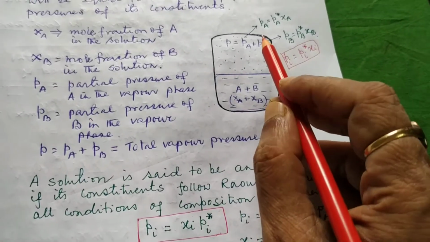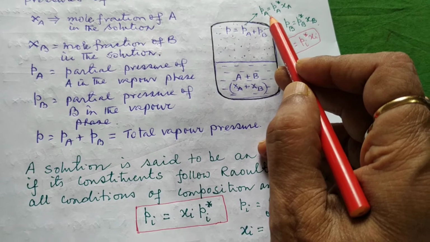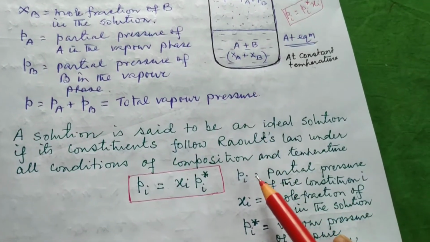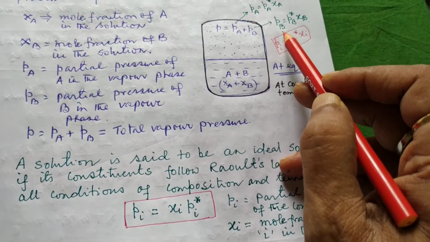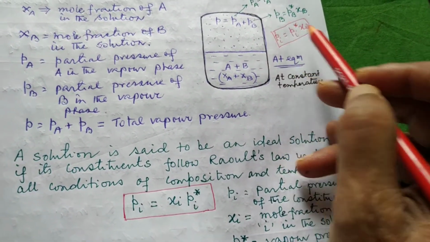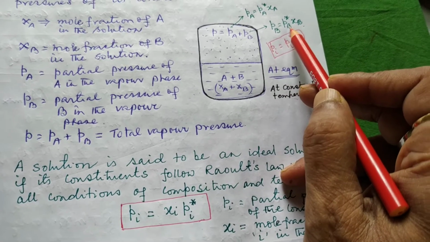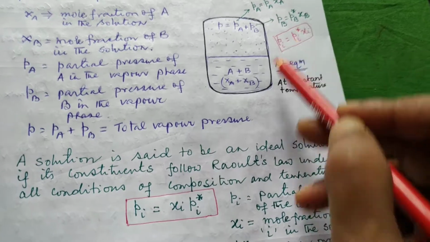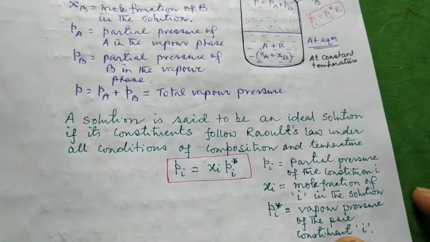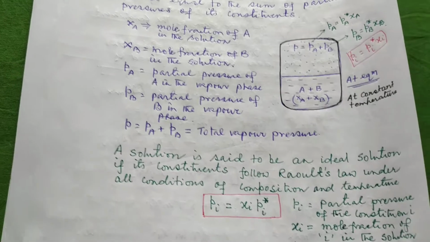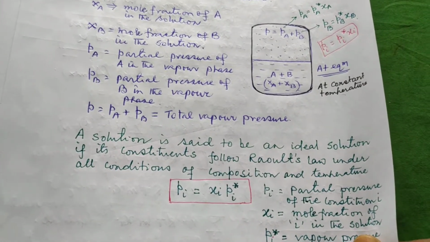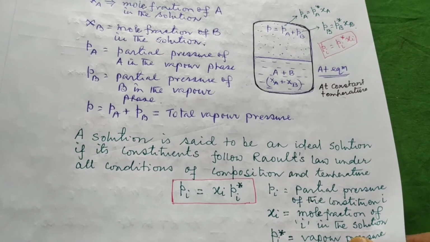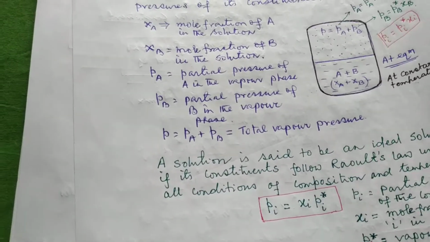So, Pa equals Pa star into Xa, and for another constituent B, partial pressure Pb equals Pb star into Xb. Xa and Xb are the mole fractions of A and B in the solution. So in an ideal solution, all the constituents will follow Raoult's law under all conditions of composition and temperature.